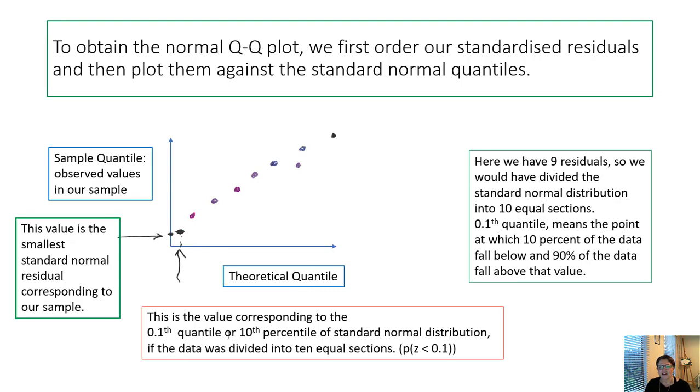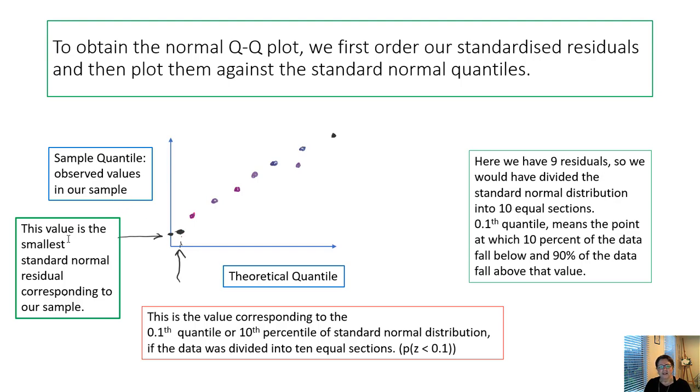This is the value corresponding to the 0.1 quantile, or 10th percentile, of a standard normal distribution if the data was divided into 10 equal sections. Here we have the sample quantile, which is the observed values in our sample.